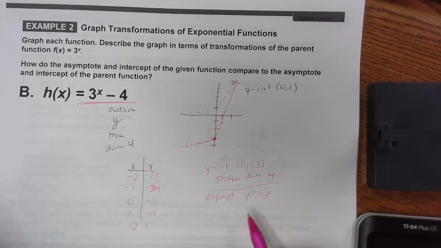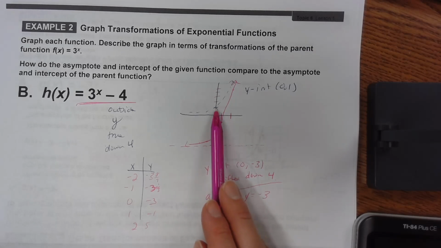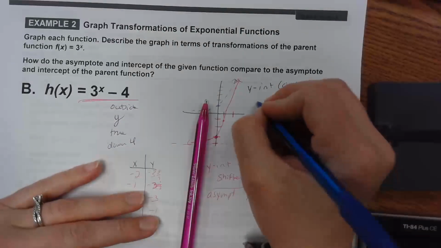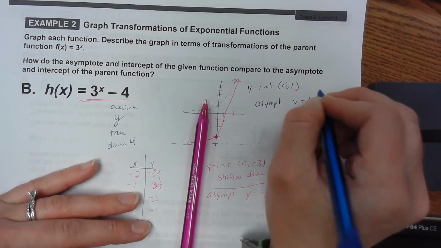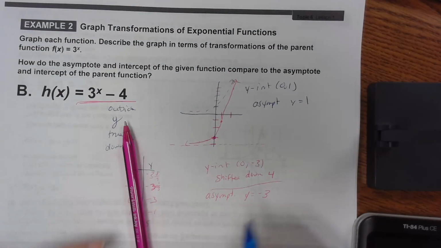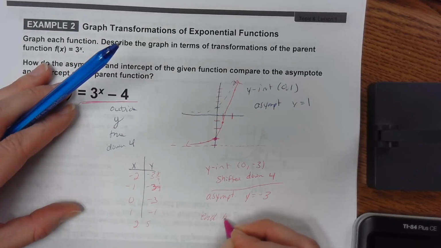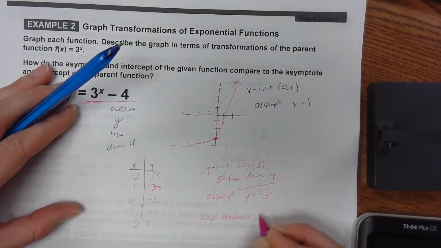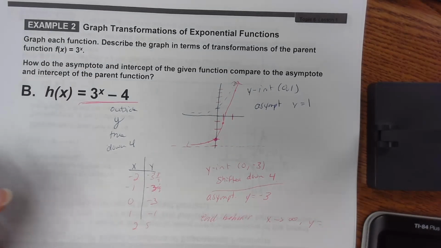So different things happen here. It wasn't 4, right? But I technically did go down 4, right? Normally my asymptote is at 1. And so usually this is y equals 1. And so I am 4 down when I talk about negative. Okay? Lastly, end behavior. If I am going towards infinity, where are we headed towards?